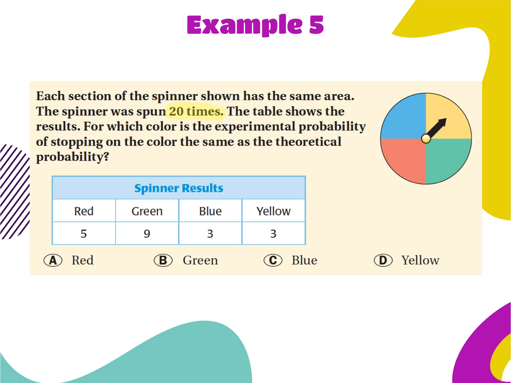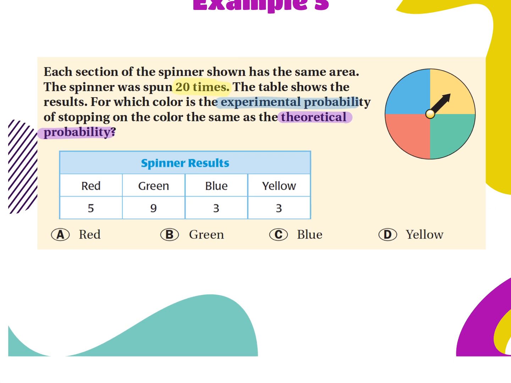But looking at the question they're asking, for which color is the experimental probability of stopping on the color the same as the theoretical probability? They want to find which one has the same when you're using experimental or theoretical. So let's go ahead and do experimental first. Looking at it, how many total times was the spinner spun? 20 times.